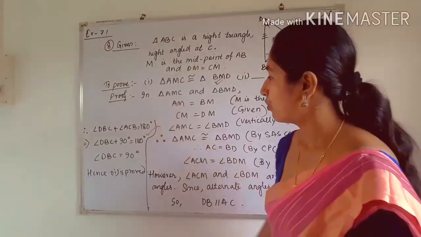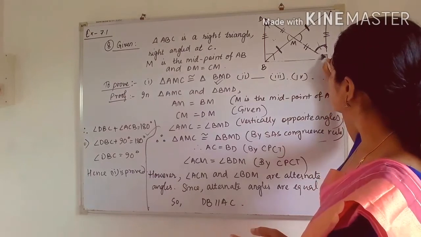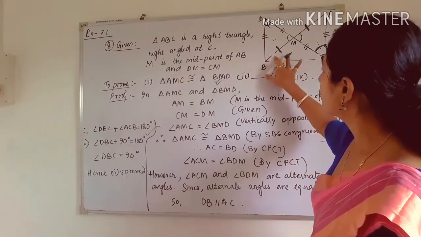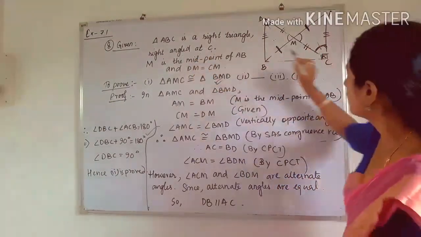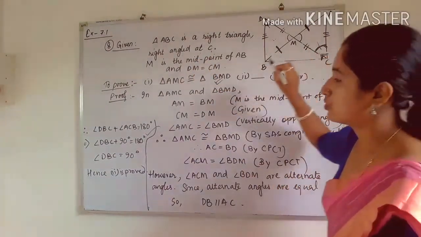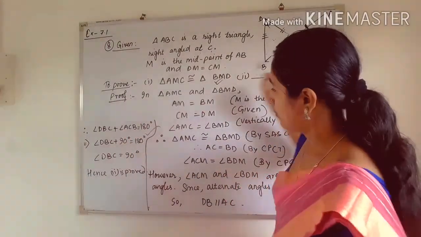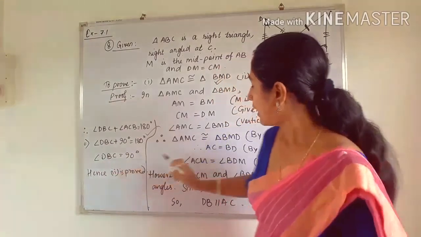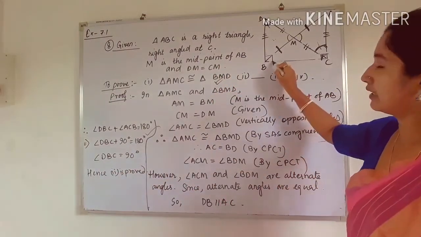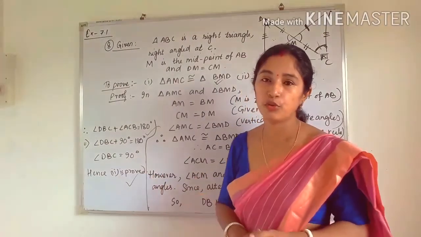Already one angle is given, 90 degrees: right angle at C means angle C is 90 degrees. So in place of angle ACB, that is this angle, we put 90 degrees. By solving, we get angle DBC is also 90 degrees. That is proof number 2, which we have proved.